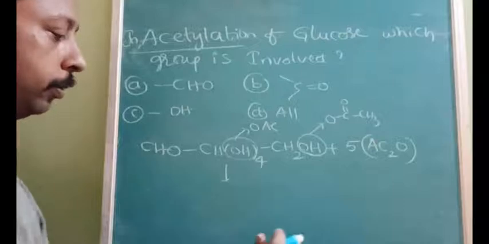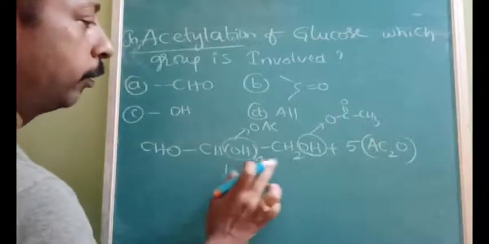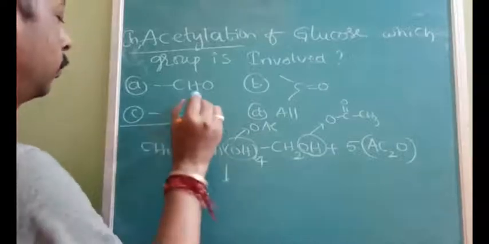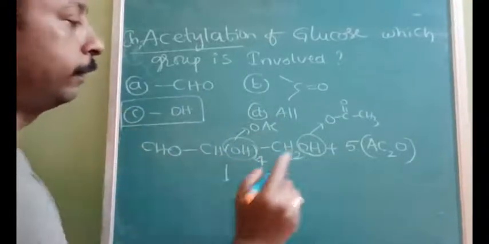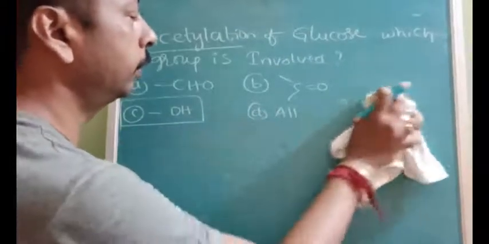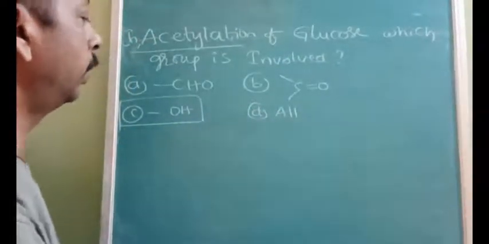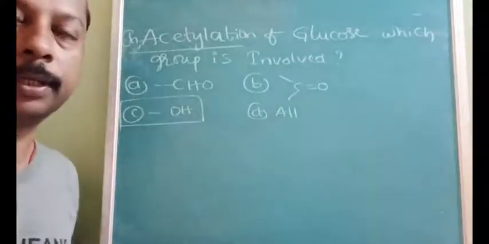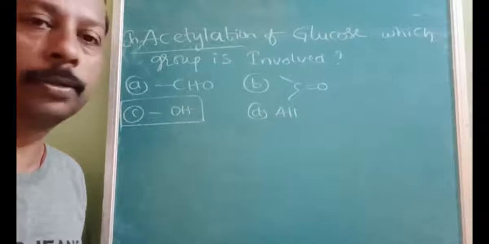So OAc will be substituted, 4 moles and 1 mole here, so a total of 5 moles. The answer to this question is OH, and apart from this I have given all related information. So 5 moles will be involved and OH will be replaced with OAc. Is it understood? Shall we go for the next question?